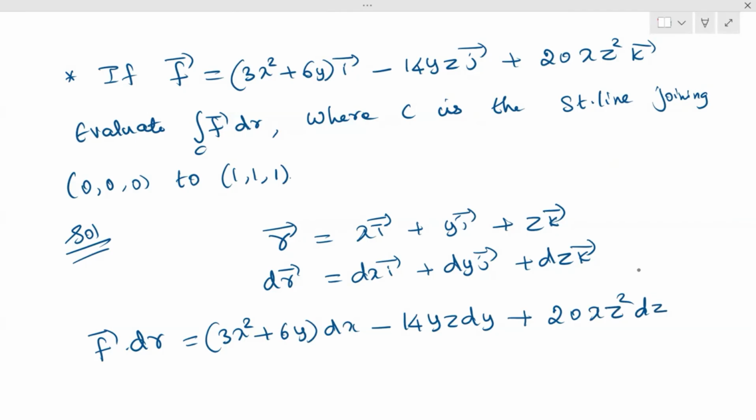Okay, so here we have to convert all the variables to a single variable.